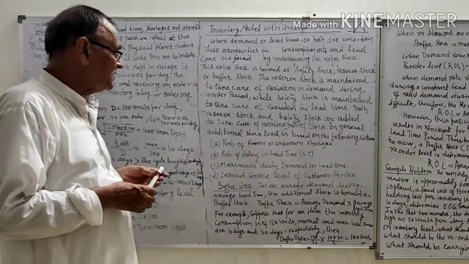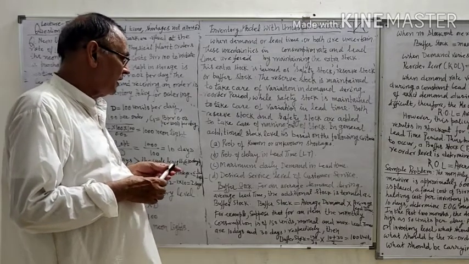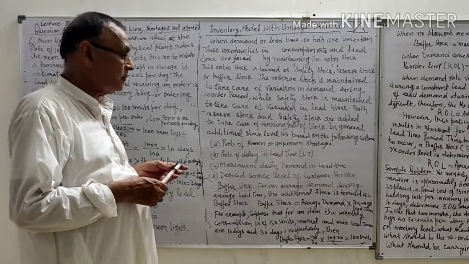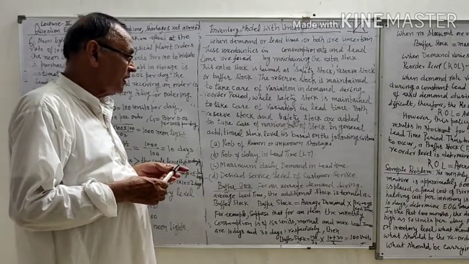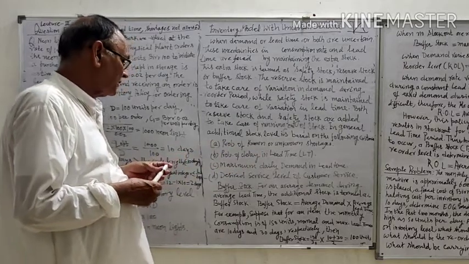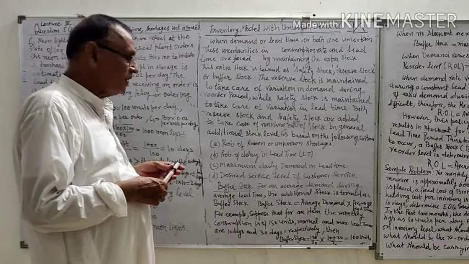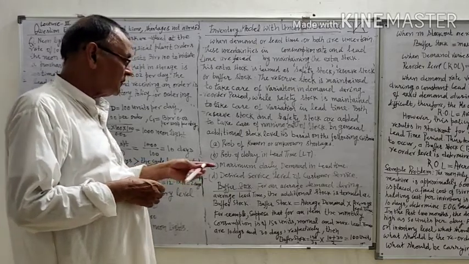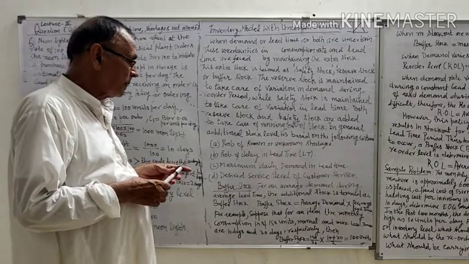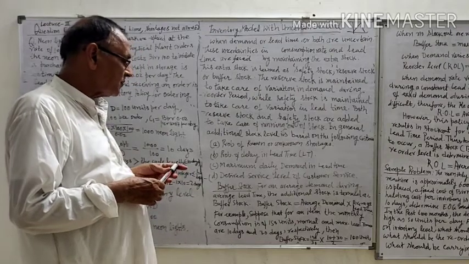Buffer stock: for an average demand during average lead time, the additional stock is termed as buffer stock, and buffer stock is equal to average demand into average lead time. For example, suppose that for an item the monthly consumption is 150 units, and the normal and maximum lead times are 10 days and 30 days respectively.